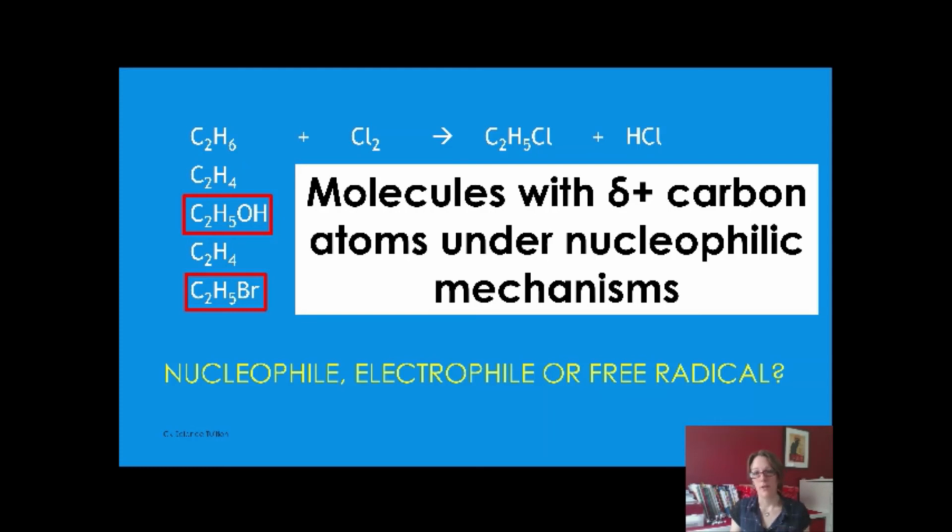If you haven't looked at it already, you'll be looking at the reactions with C double bond O next year, and sometimes they can undergo nucleophilic addition. It's addition because it's a double bond, but it's nucleophilic because it's a positively polarized carbon that is being attacked. So again, I don't need to look at what they're reacting with to know that that will be a nucleophilic mechanism if I'm asked for the type of reaction.